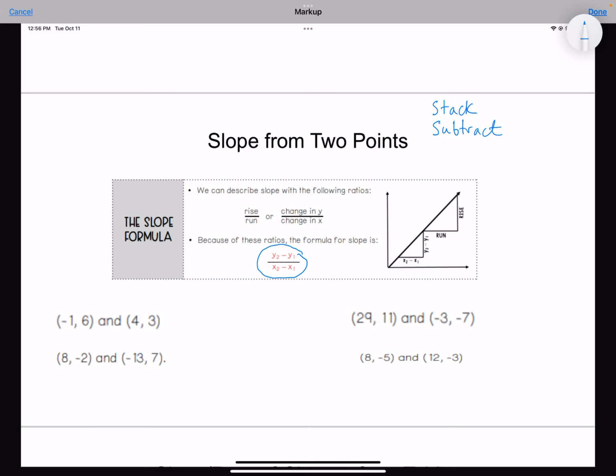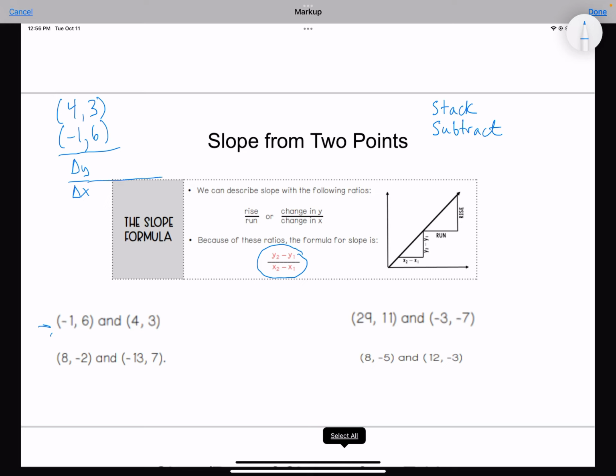Okay, so I'm going to do this example up here where I have more room. I'm going to stack my points, and I'm going to do 4 over 3, negative 1 over 6. And this is the way I was taught. It's delta y, delta just means change, over delta x.